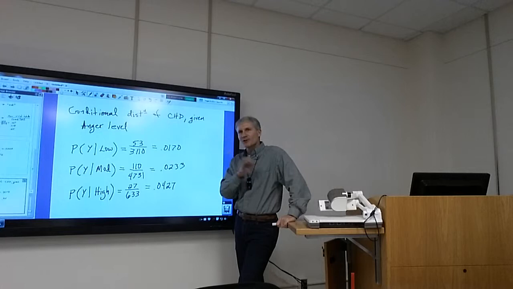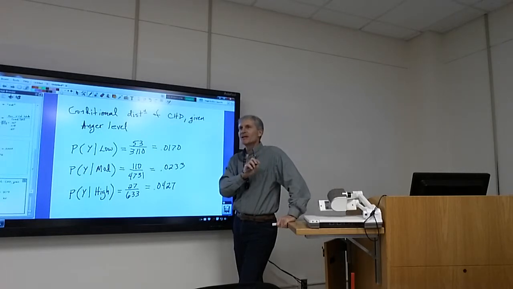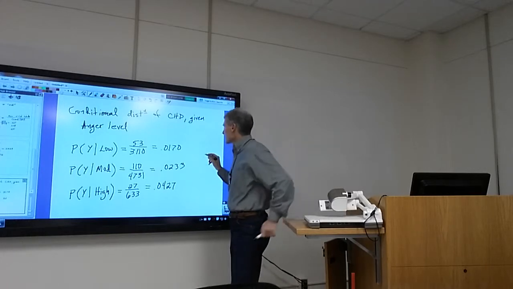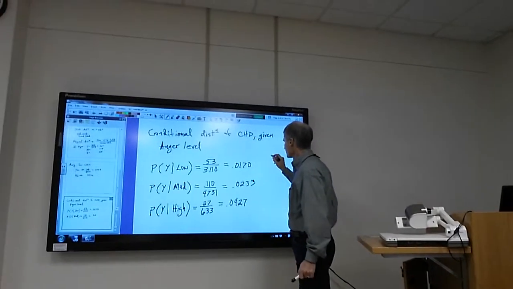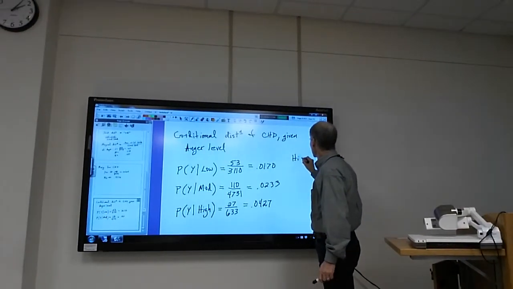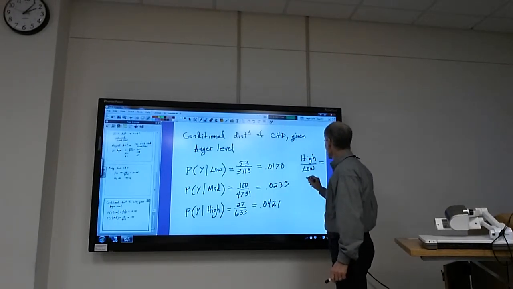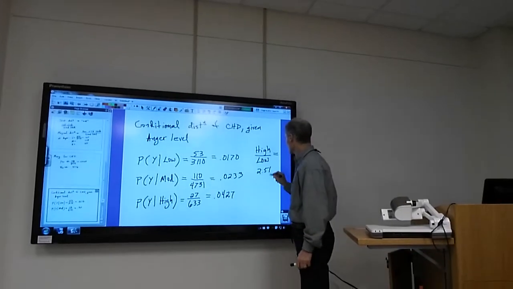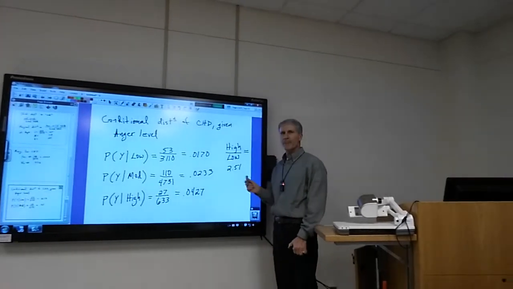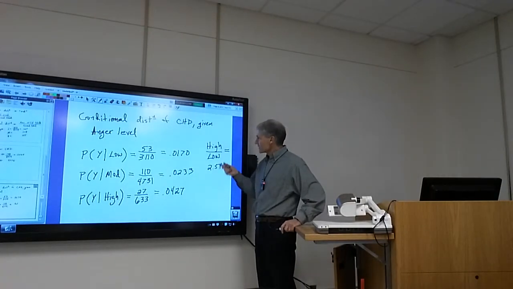It's the only term in Chapter 8 I'm going to make you know, but you need to know relative risk. 2.5. So high over low equals 2.5, and one decimal place is enough, right? So the relative risk of high relative to low is 2.5.